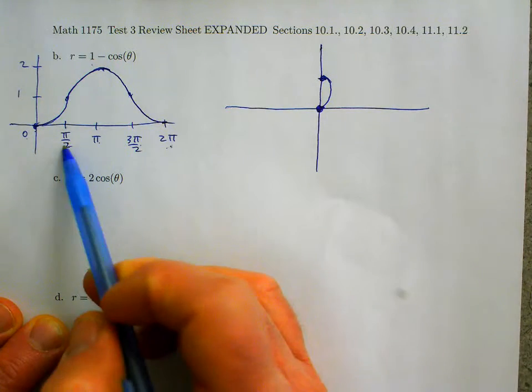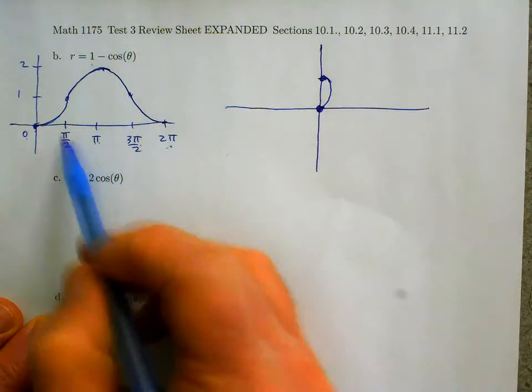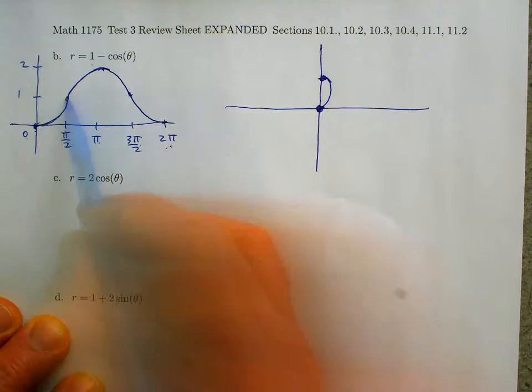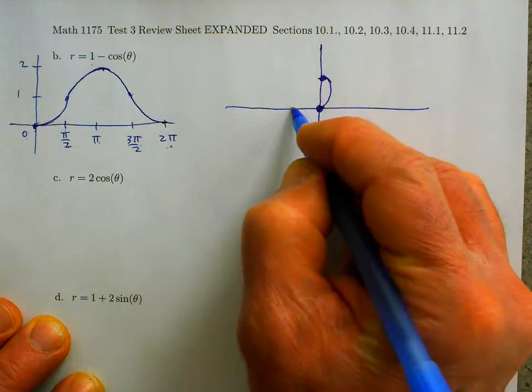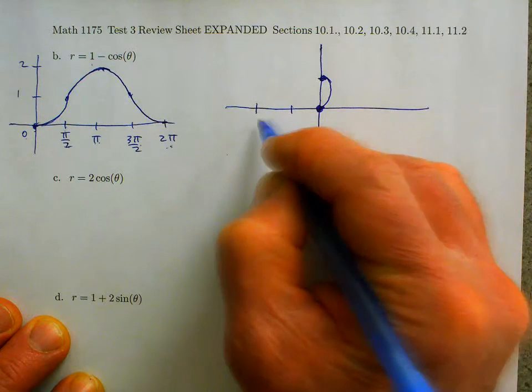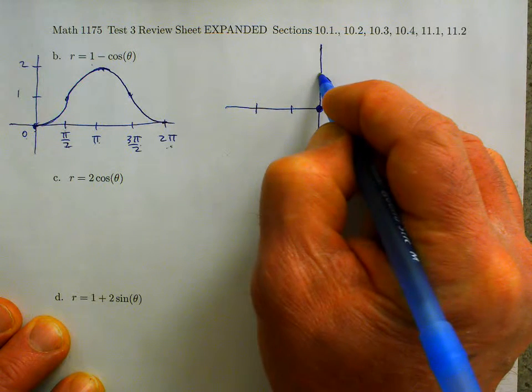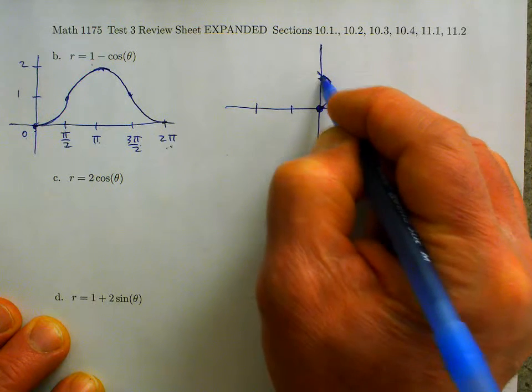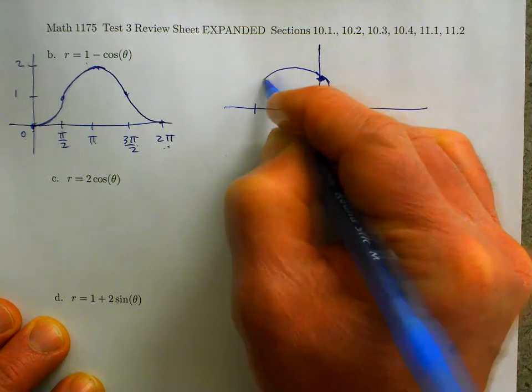Then between pi over 2 and pi, the r values range from 1 to 2. So we get something like this.